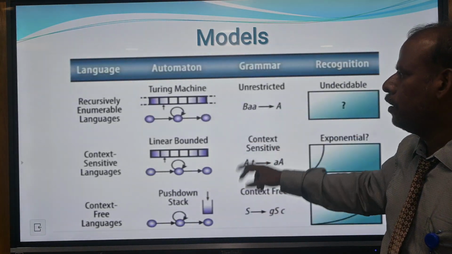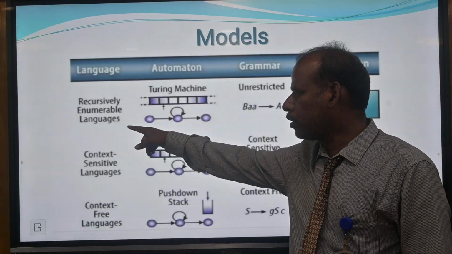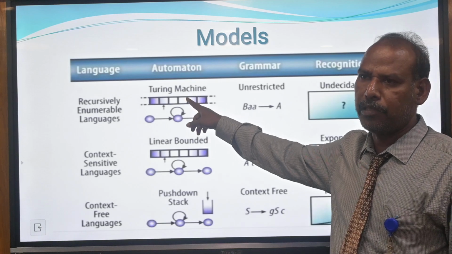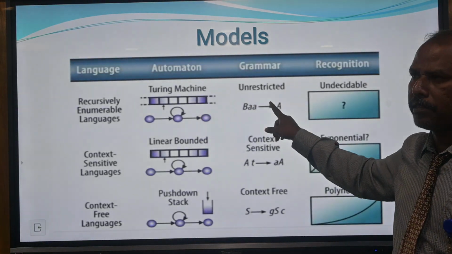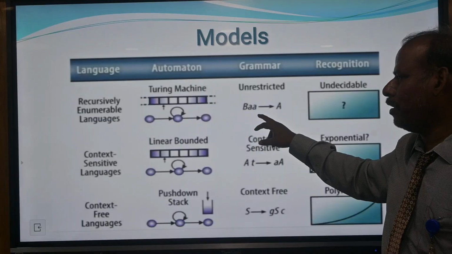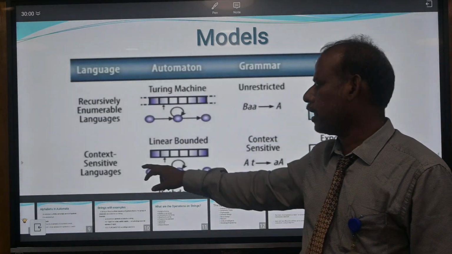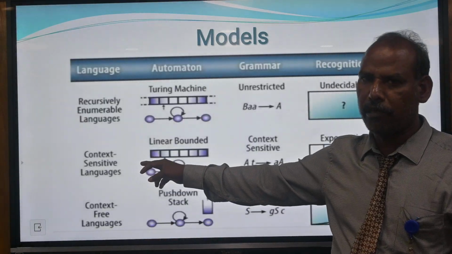In this diagram, we have recursively enumerable languages that use an automaton called a Turing machine. The grammar is unrestricted. Next, the second one is the context sensitive languages.